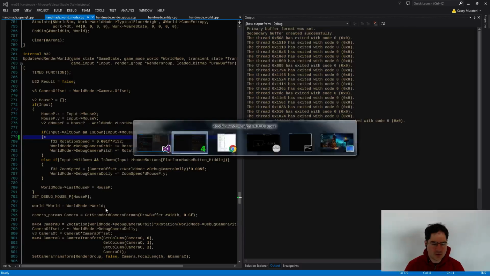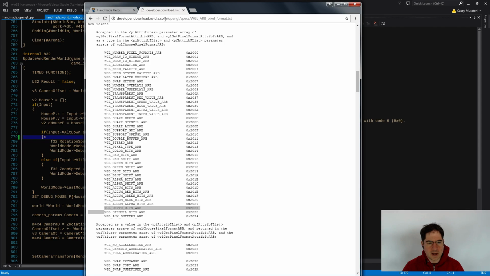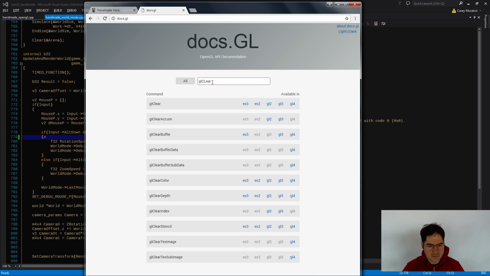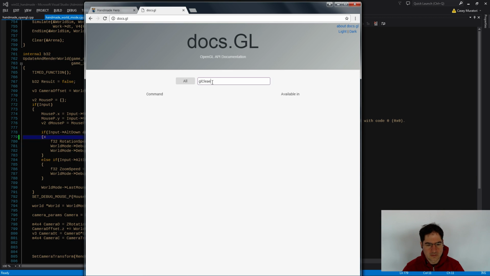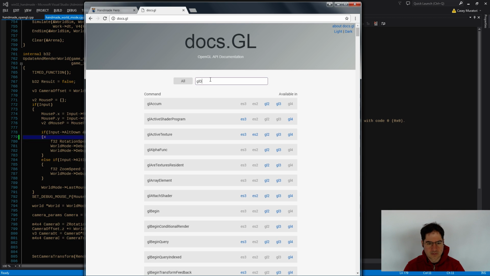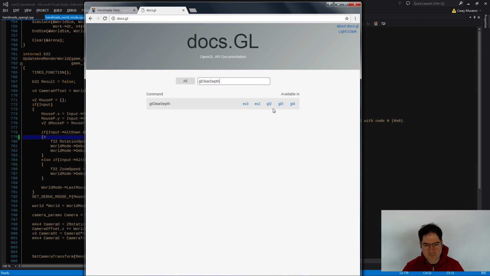And I can also, much like GL clear color, say what I want to clear that value to, right? Clear depth, there it is. Oops. Ah, web browser. There we go.